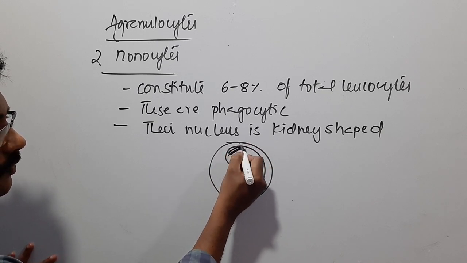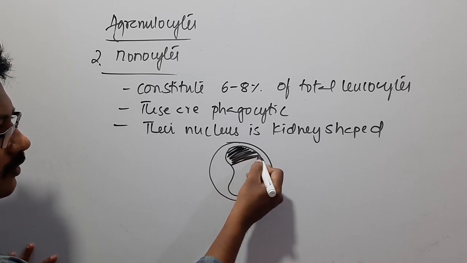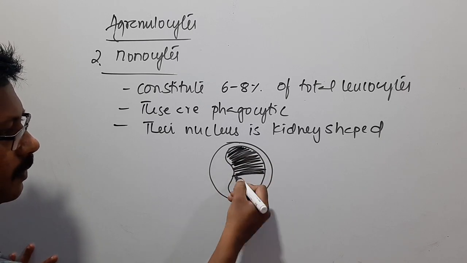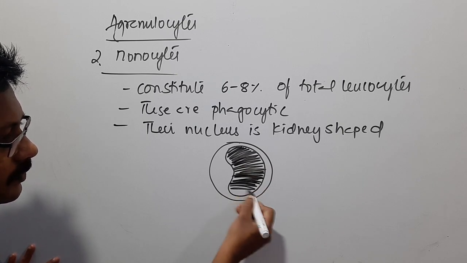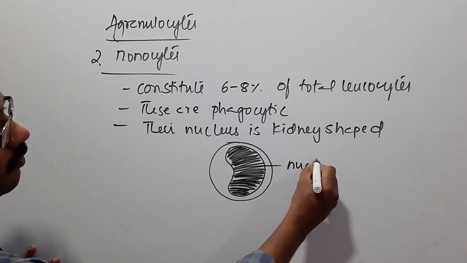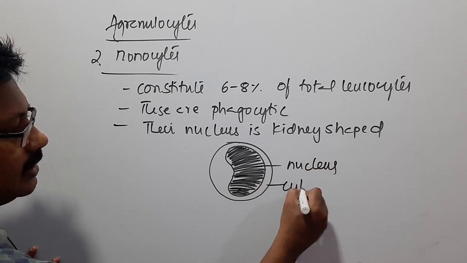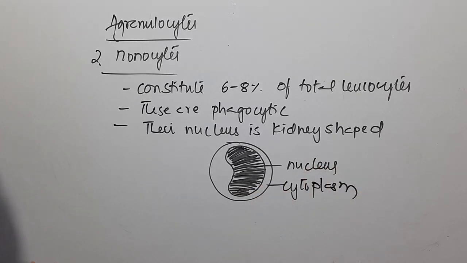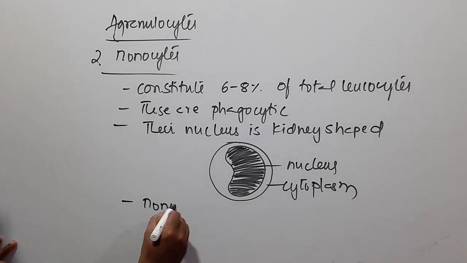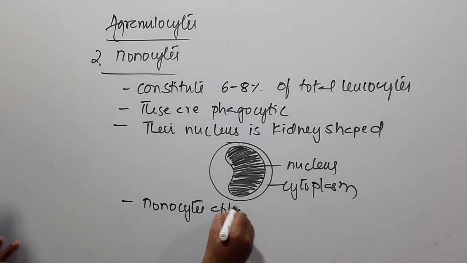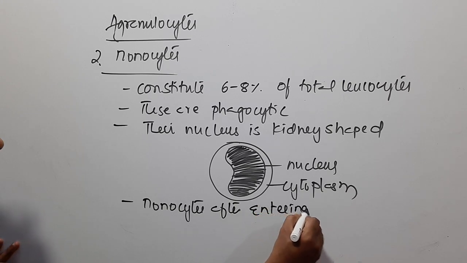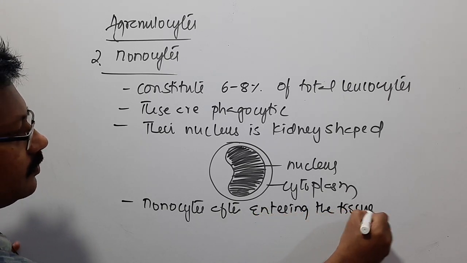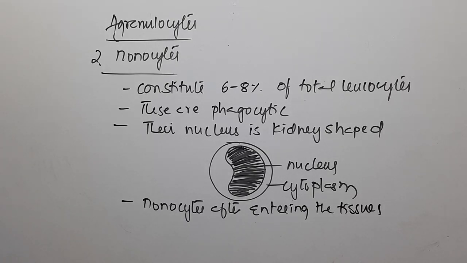So you can see here, it looks like this. The nucleus, and this cytoplasm. So the nucleus is kidney shaped. Then the monocytes, after entering the tissues, may get fixed in the tissues.